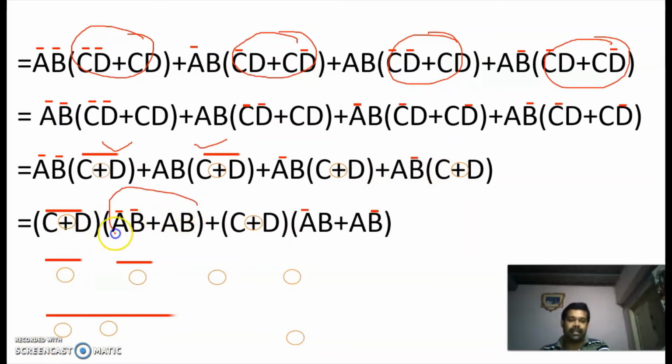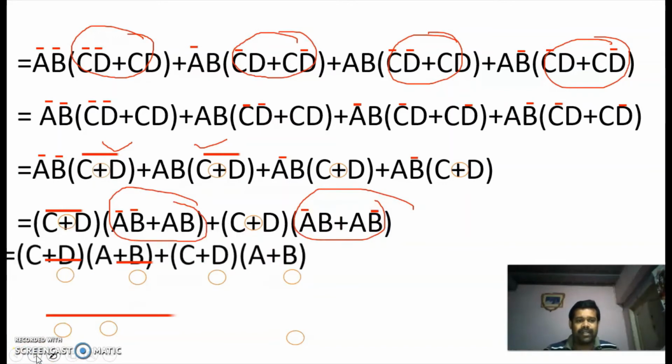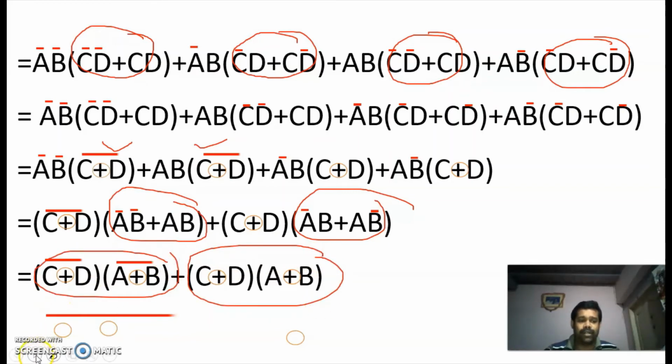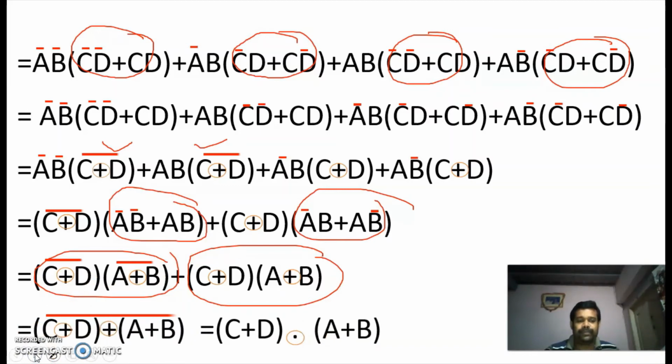This is again in the XOR XNOR form, and this is again in the XOR form. So this is again in XNOR form. So we are writing like this.